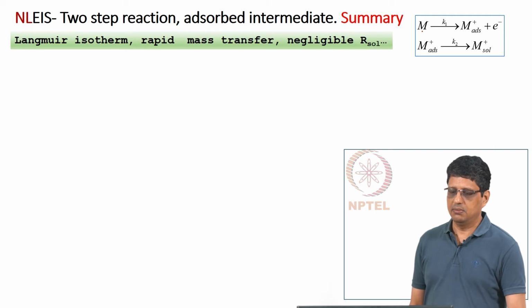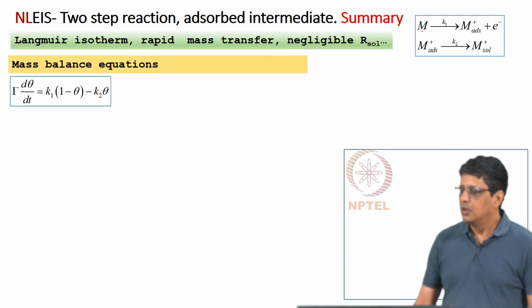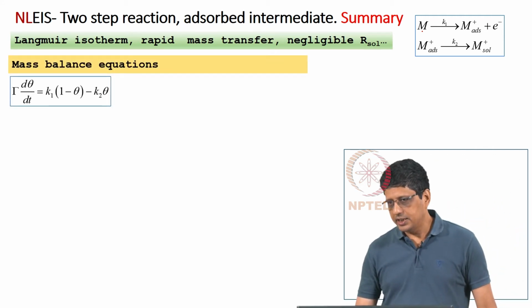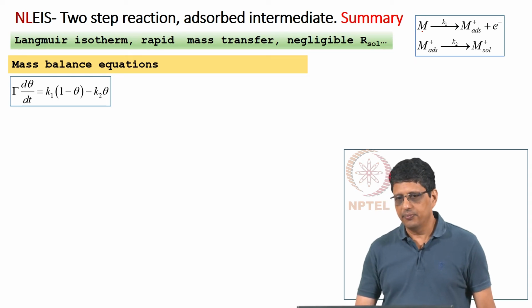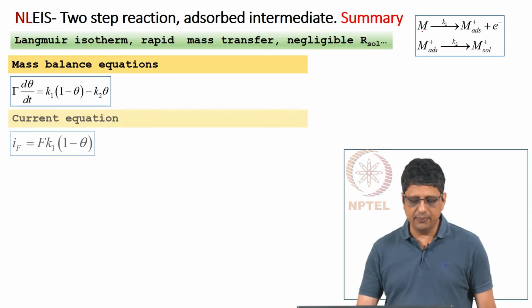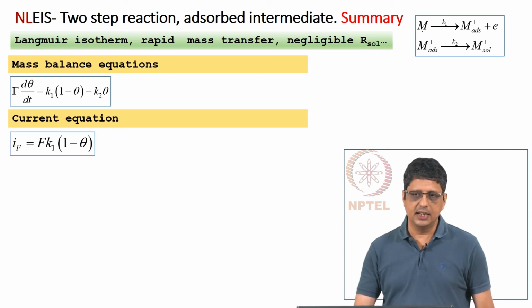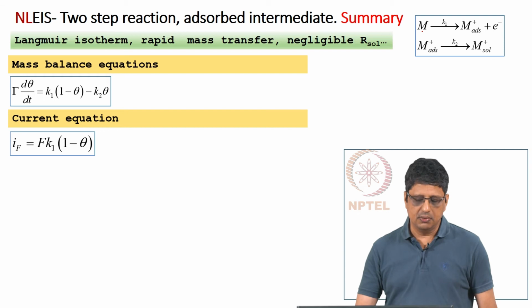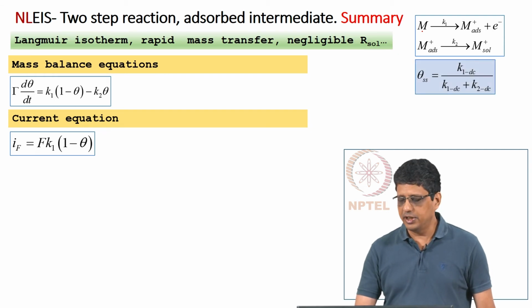So, to summarize, for this reaction, a two step reaction with adsorbed intermediate, we have to take the mass balance equation and the current equation. We do not have to expand this in Taylor series or Fourier series, just integrate the mass balance equation.